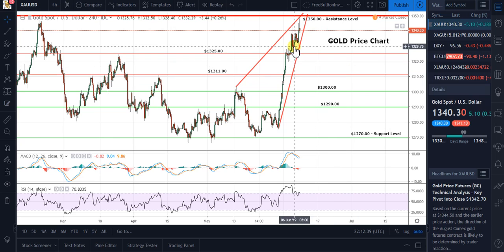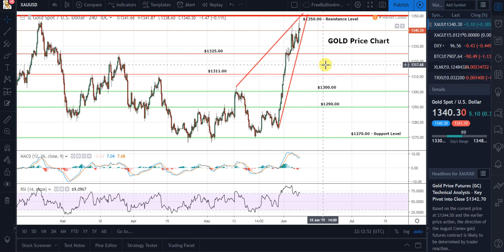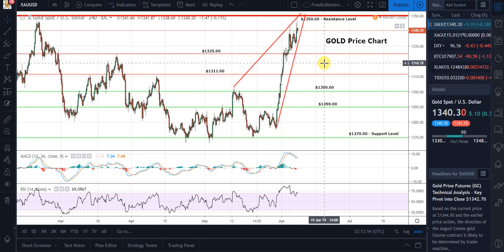Now, as far as the reasons behind the price of gold's movement, why it's gone through the roof lately is mostly because of two reasons. The trade wars, and the Fed has come out and said that they're going to be more accommodative if the trade war with China hits the U.S. economy negatively. So we'll really have to see what the Fed does.